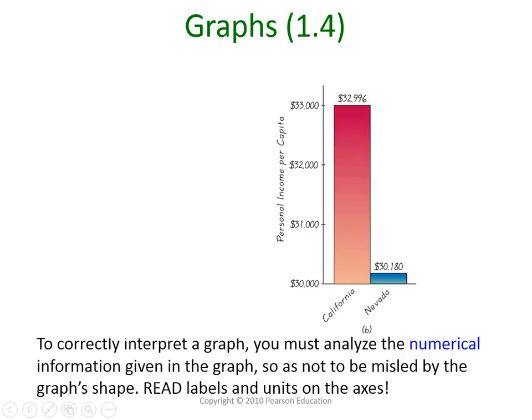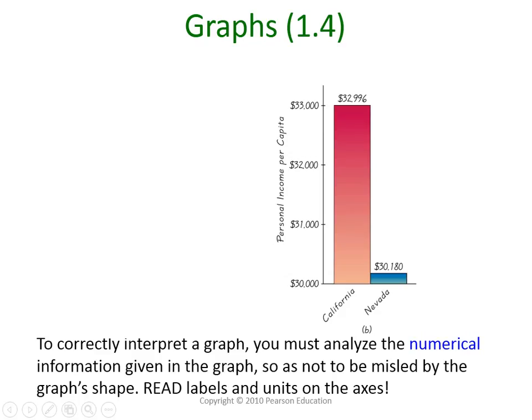There are lots of different ways that data is misrepresented. One of those is by presenting graphs. If we look at this graph, it's talking about personal income per capita, and we're comparing Nevada and California. From my graph, it looks like California is blowing the pants off of Nevada, about 10 or 15 times the amount of money they're making per capita.